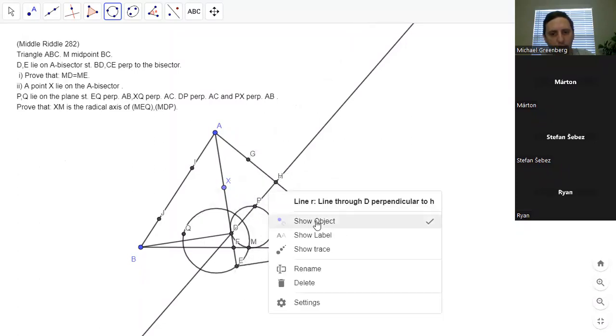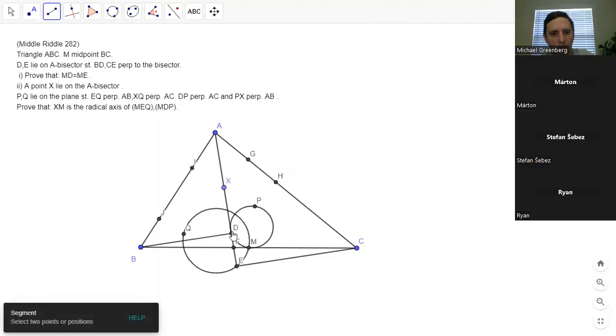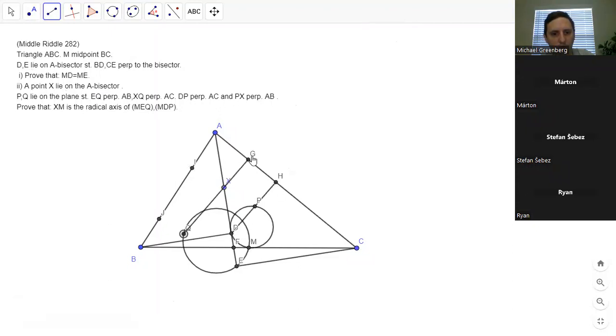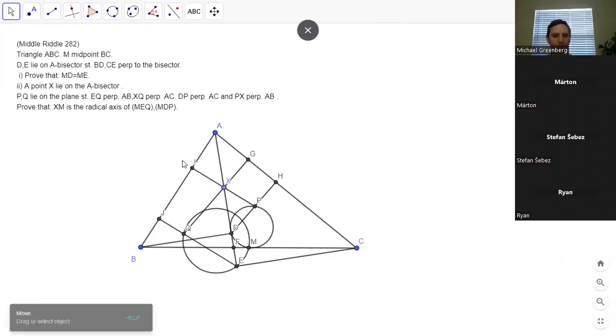All right. So yeah, probably a lot of cyclic quads with all the right angles. AIXG is cyclic, that's obvious.